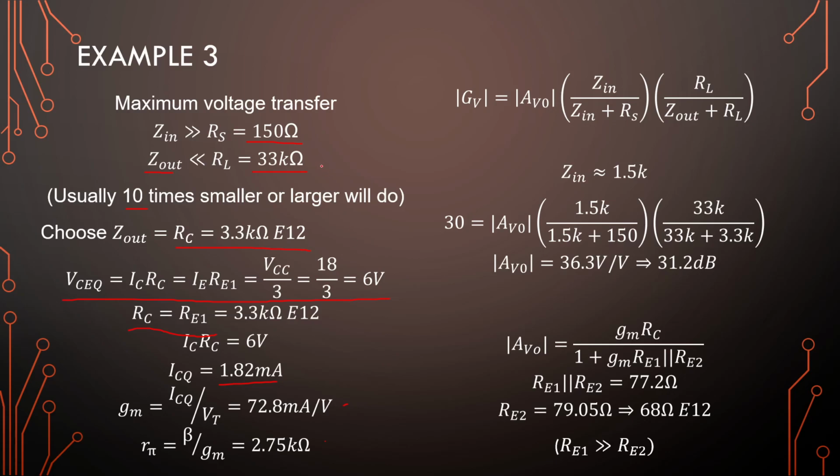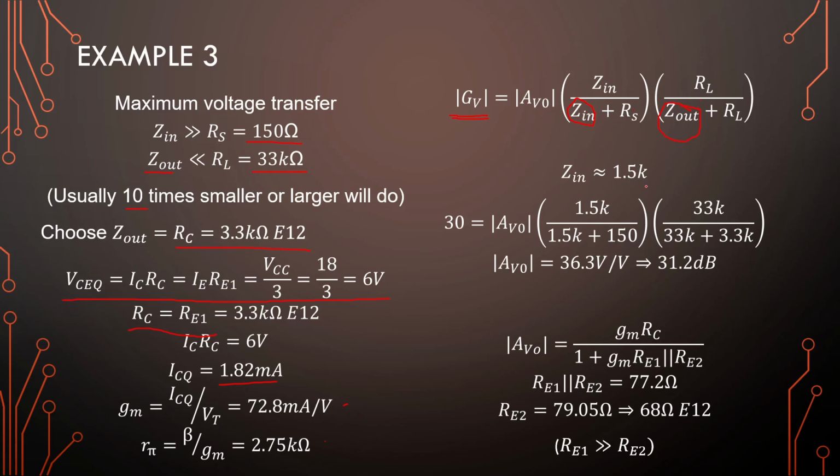Okay, since we want to work with minimal loading, to find our AV0 value from a GV, we can use this equation right here. We know the approximate values for the Zin that we want, we know the Zout that we want, the source and the load are available, and we were specified for a specific GV.